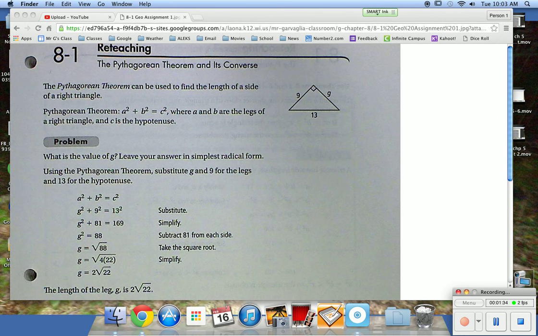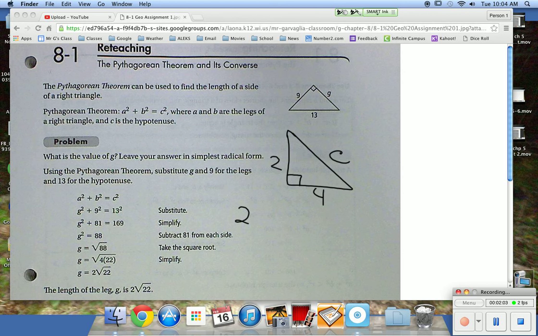Now, if we're given two sides, we can always find the third side. So if I'm given a triangle, let's say, of 2 and 4, what am I missing? C. I'm missing my hypotenuse length here, my C. I can call this A or B, it doesn't matter.